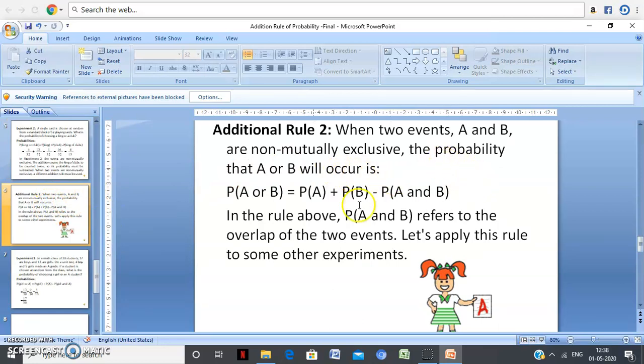When two events A and B are non-mutually exclusive, the probability that A or B will occur is probability of A plus probability of B minus probability of A and B. In this rule, probability of A and B refers to the overlap of the two events. Let's apply this rule to some other experiments.